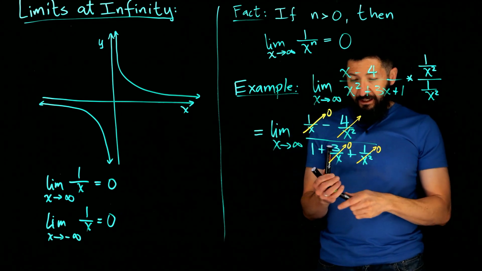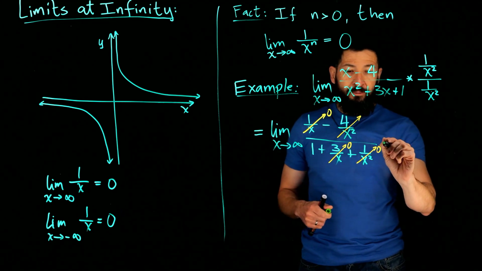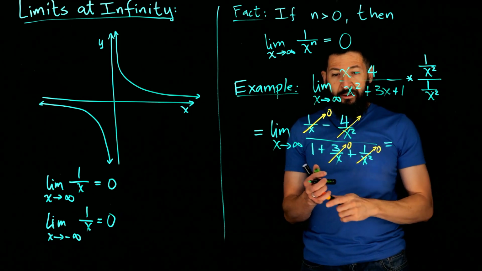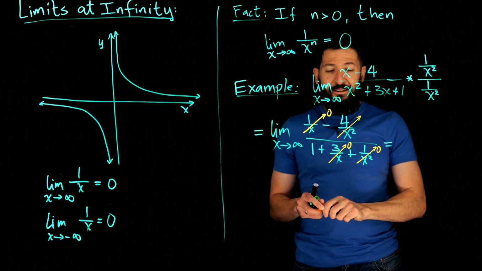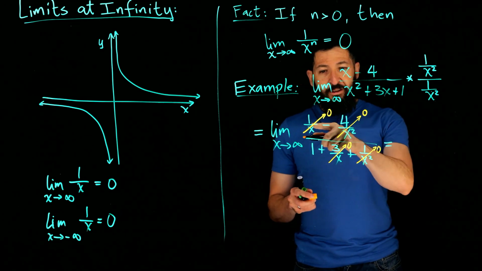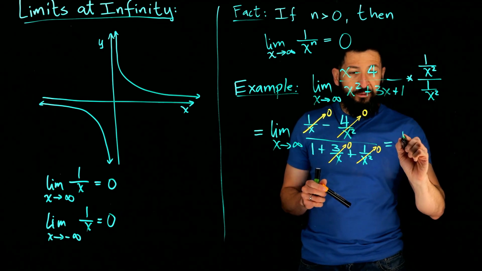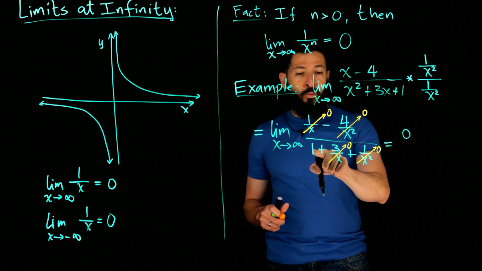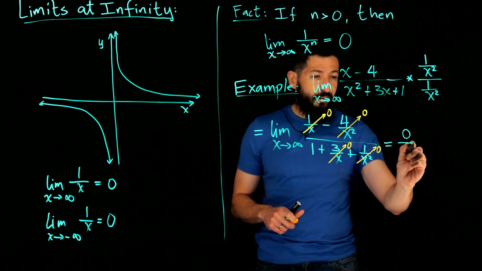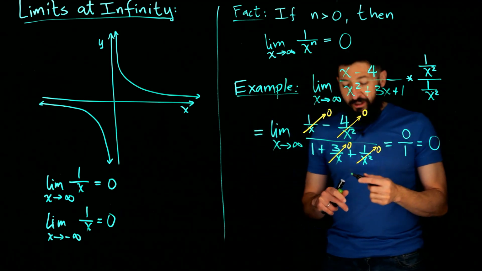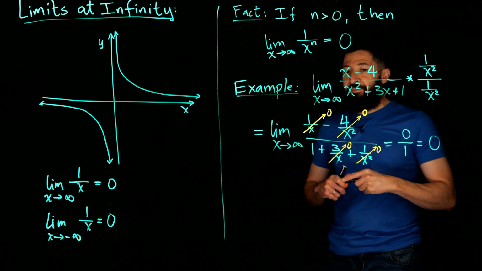So in the end, your limit becomes 0. Ooh, I just put an error. I didn't write 0 for this one. So 0 minus 0, which is 0 in the top, and the numerator goes to 0. And the denominator goes to 1 plus 0 over 1, which 0 over 1 is still 0. So you get that that limit is 0.